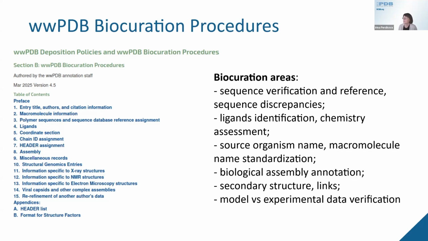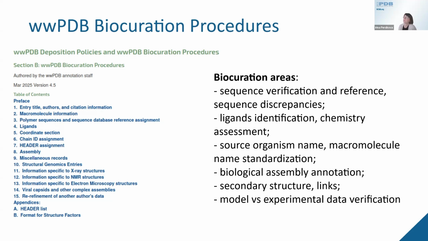We identify ligands and small molecules in structures. We assess their chemistry. We standardize source organism name, macromolecule names. We annotate biological assemblies. We calculate secondary structure, link records, and we also verify how well the model corresponds to the experimental data.